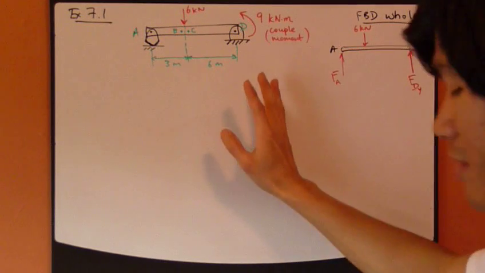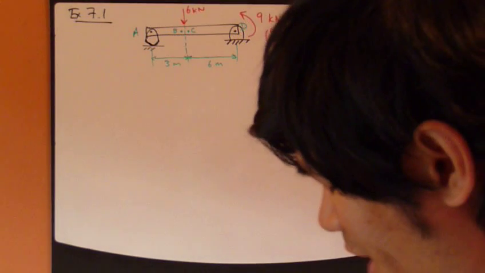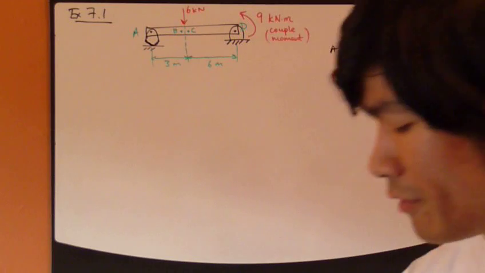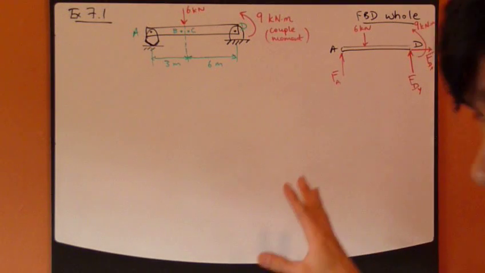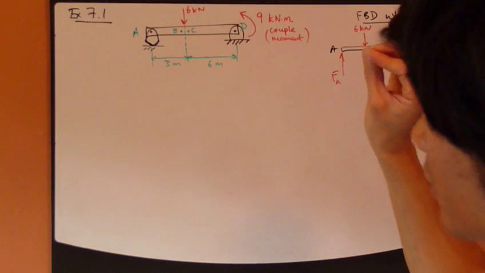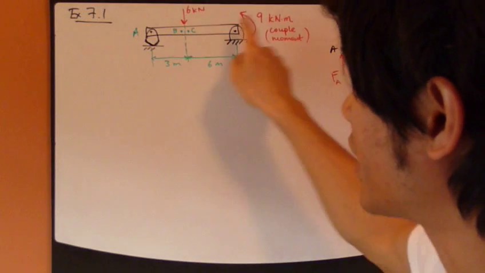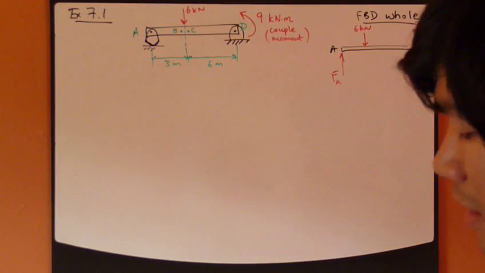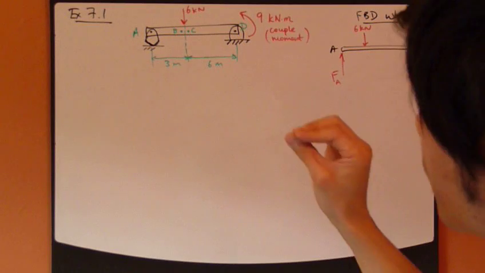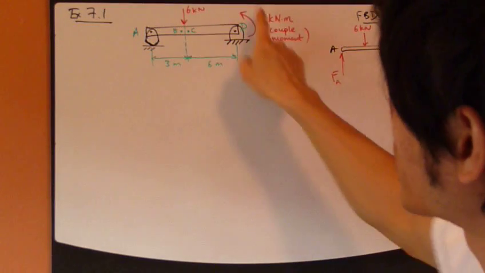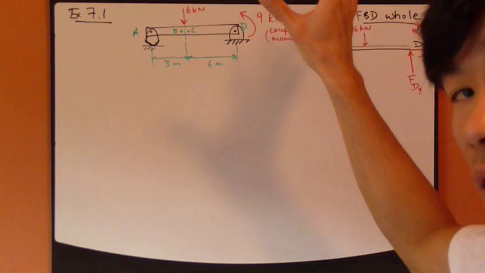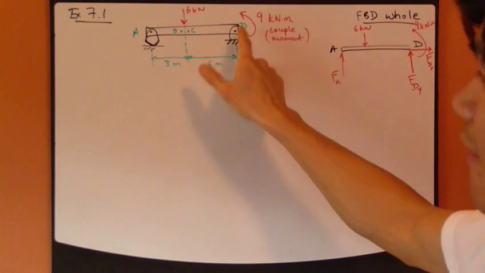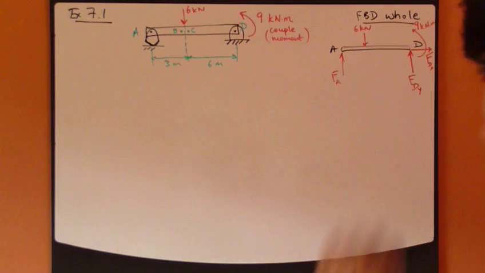Now, in this analysis, and in most of our analysis, we make the assumption that the mass of the rigid body itself is ignored. Typically it can be ignored if all these external forces are much bigger than the weight of the rigid body itself, which is our assumption here.